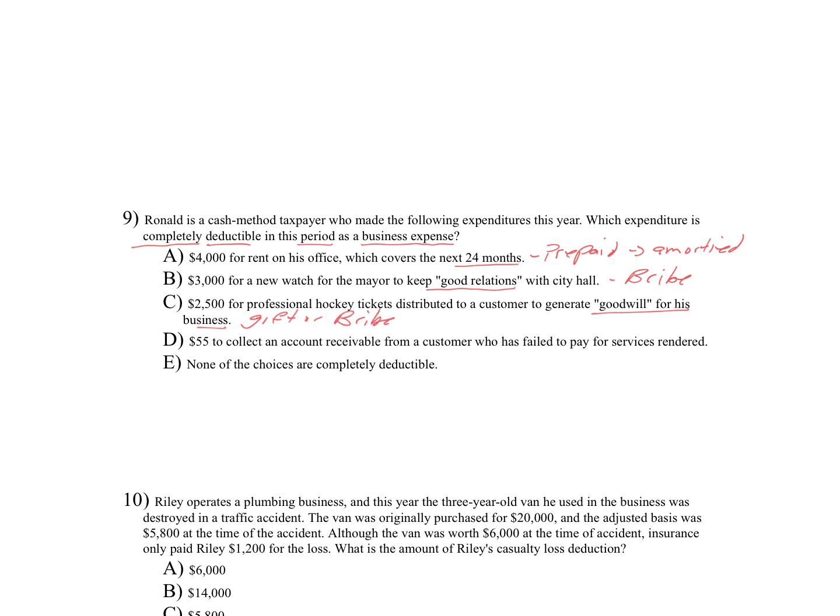If it's a gift, remember this $2,500 is too large, so it's too large to be deductible. If it's a bribe, it's never deductible. And then we have this $55 to collect an accounts receivable from a customer.